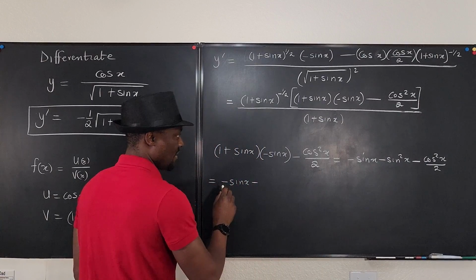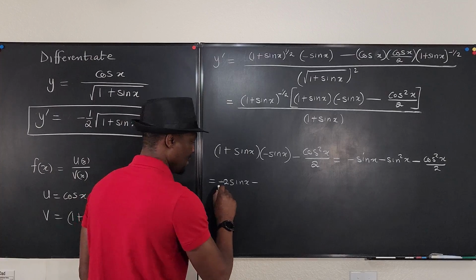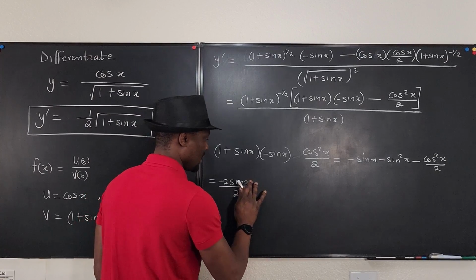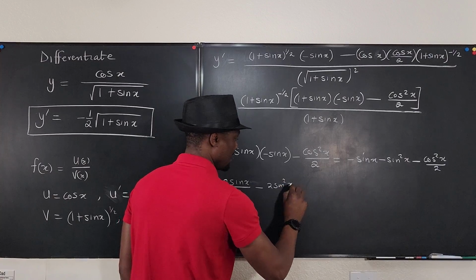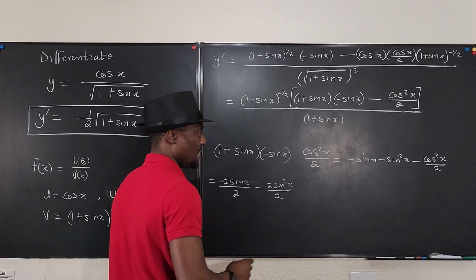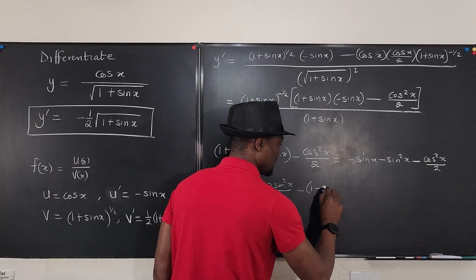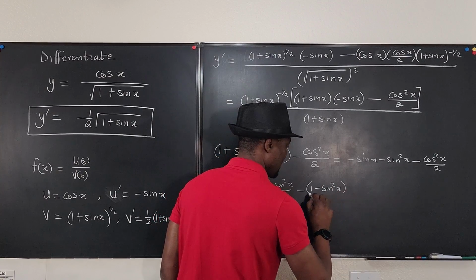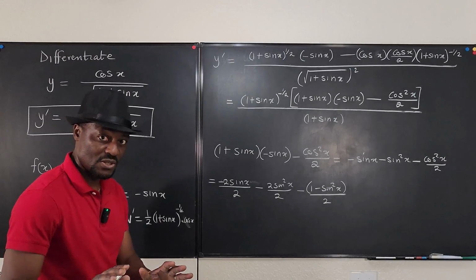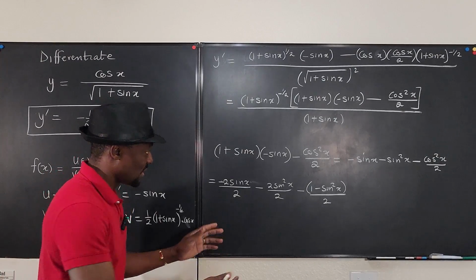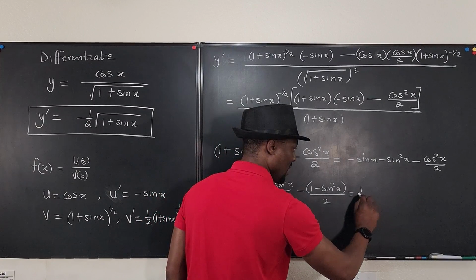So minus 2 sine x over 2, minus 2 sine squared x over 2, and then minus 1 minus sine squared x over 2. Now it's beginning to look beautiful. Because all of them have 2, I can easily write 1/2 here.